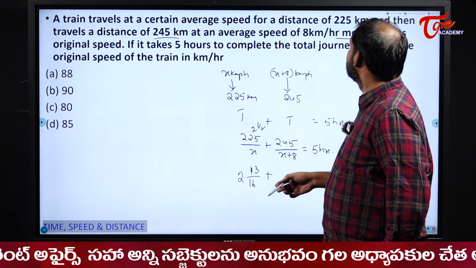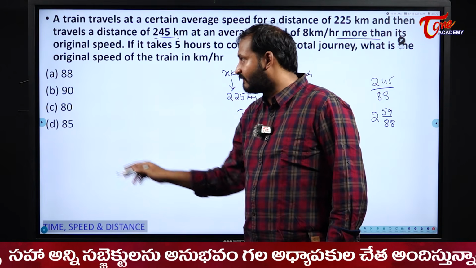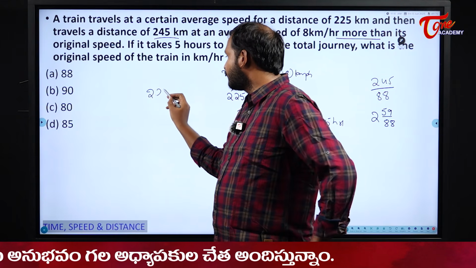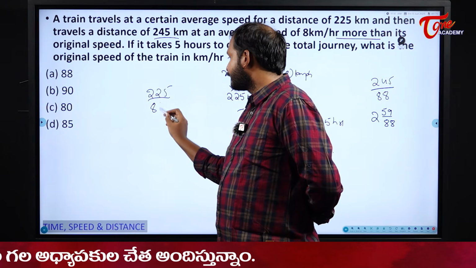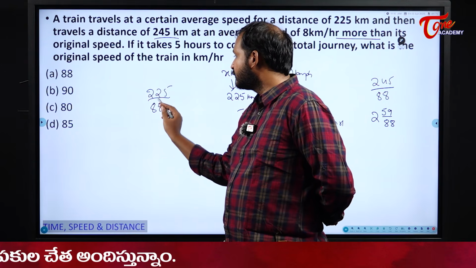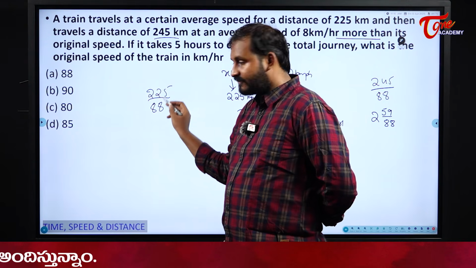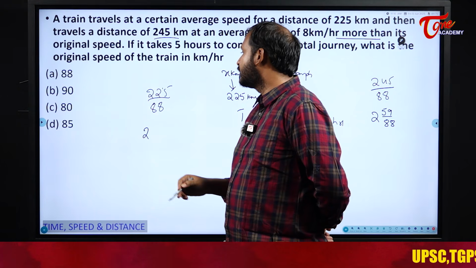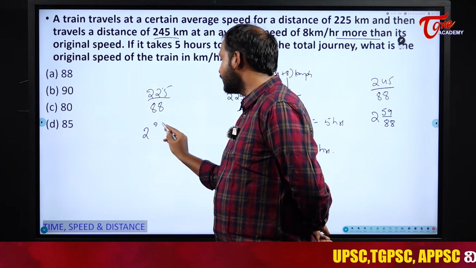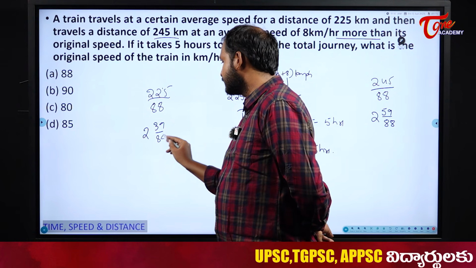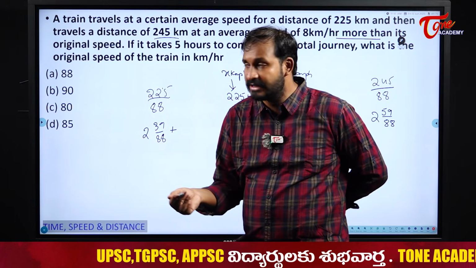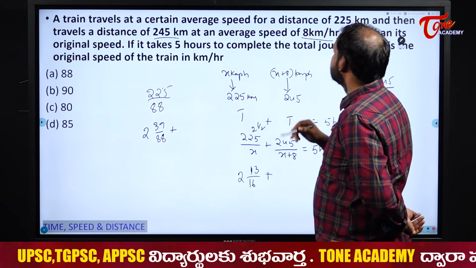Okay. Right. Now I will take 88 first of all. What will I get here? 225 by 88. First option, 176. 14 plus 25, 39 by 88, plus the next time is 96. Why? Because the speed was increased by 8 kmph.